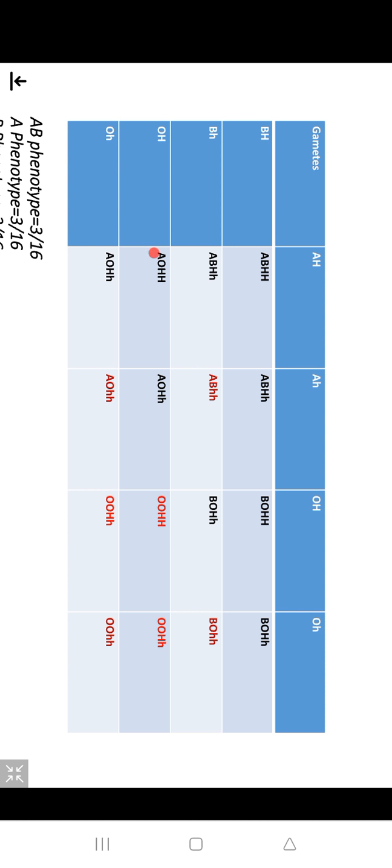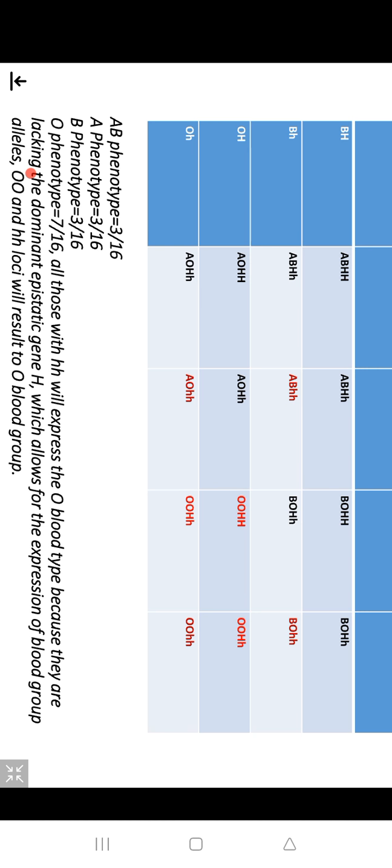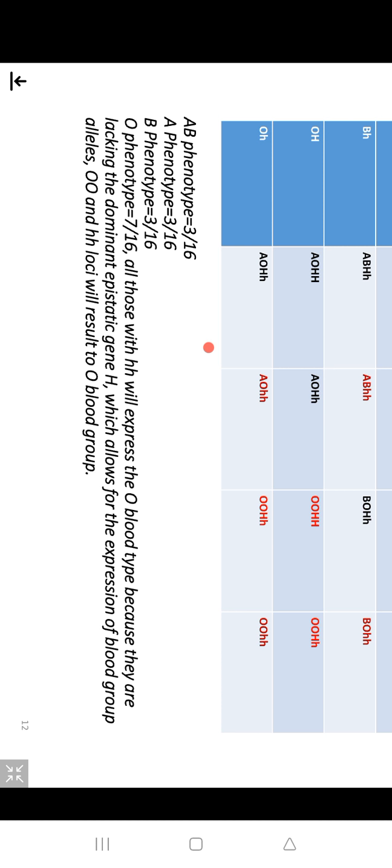If the other locus is A, now this one will be A. This one will be AB, this one will be AB, this one will be B, because H is dominant. As long as you have a single H, then you will get the blood group specified by the blood group allele. So there will actually be 7 out of 16.